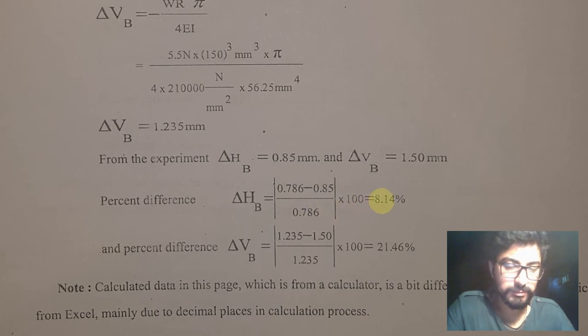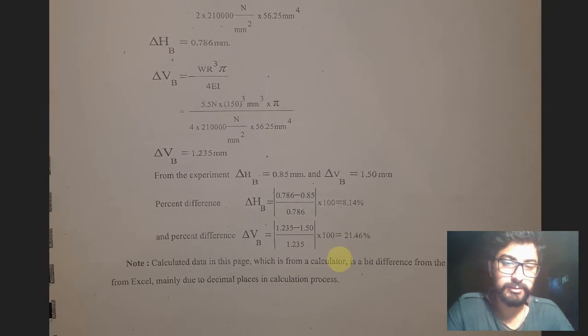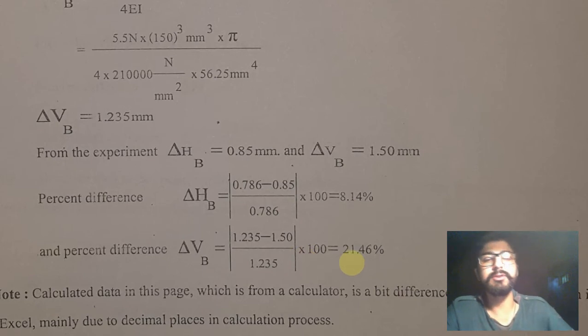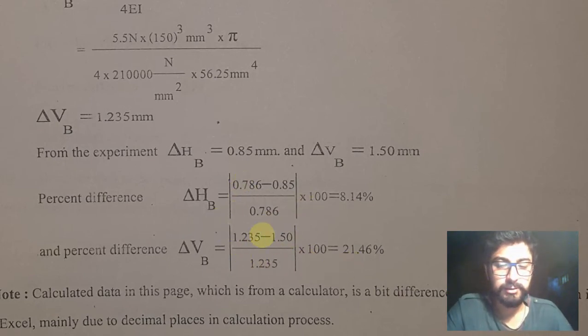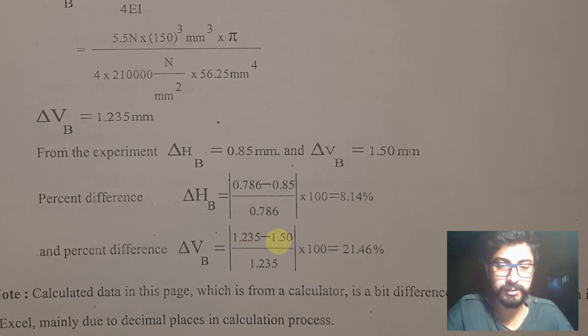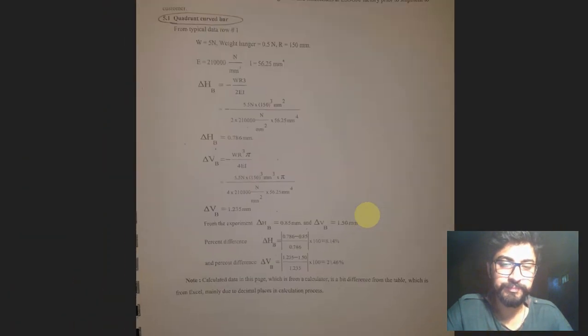So it comes out to be 8.14%, and the other one is 21.46%. So this data is coming out to be way more different than the horizontal, with respect to the theoretical and the experimental value. So this needs to be seen again.